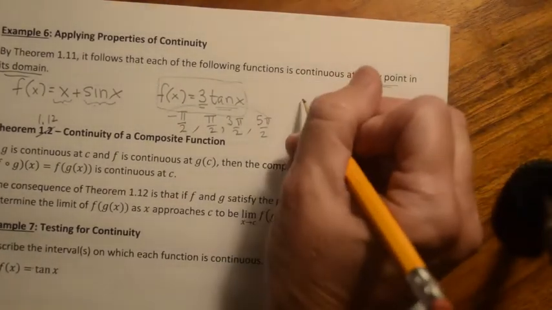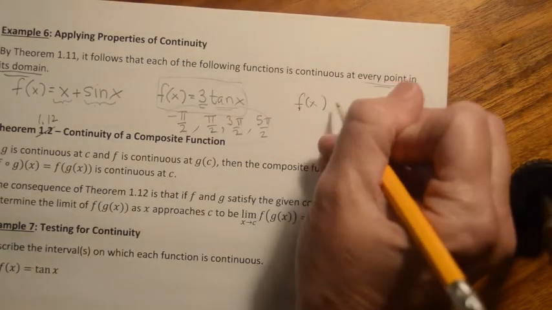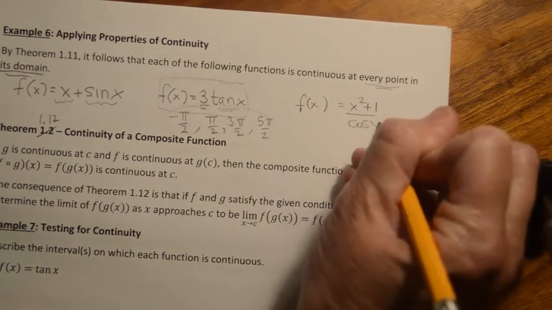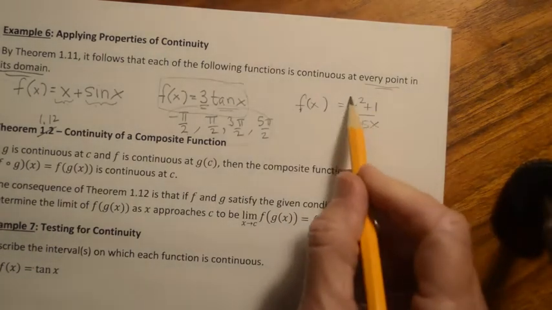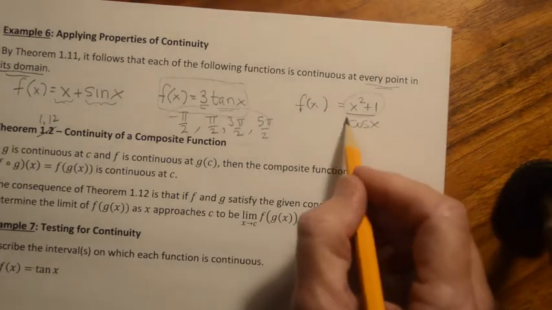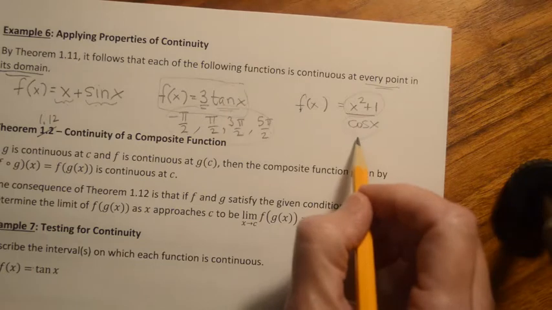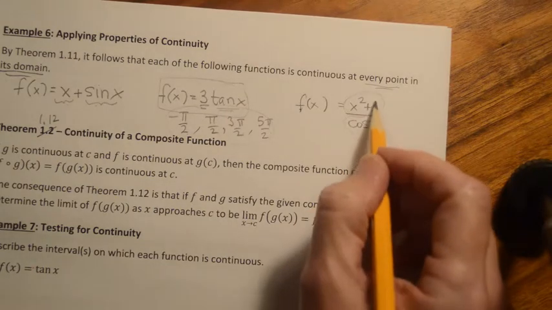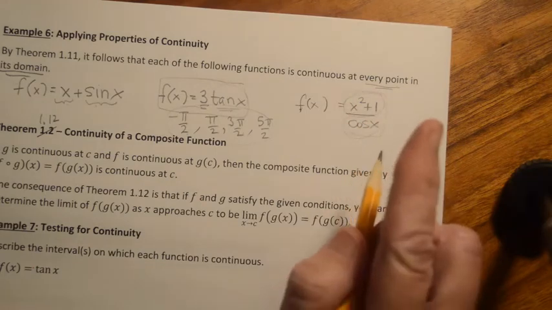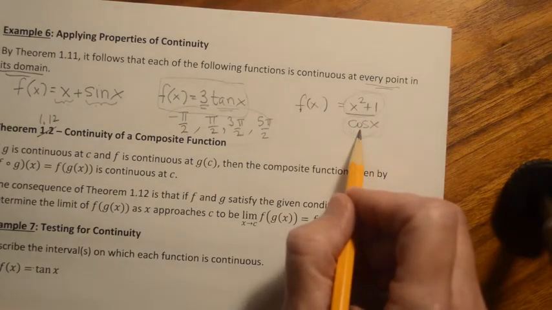And then finally, we can also take this one, f of x equals x squared plus 1 over cosine x. X squared plus 1 is a polynomial. It's continuous everywhere. Cosine is one of our beautiful trig functions that's continuous everywhere. So this quotient is going to be continuous everywhere except where the denominator is equal to 0.